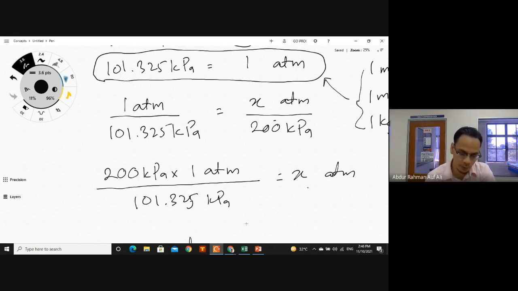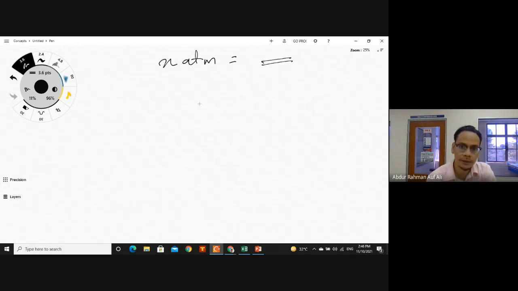Okay, temperature values in chemistry, in our final reporting of data, we don't use degree Celsius. We use Kelvin.